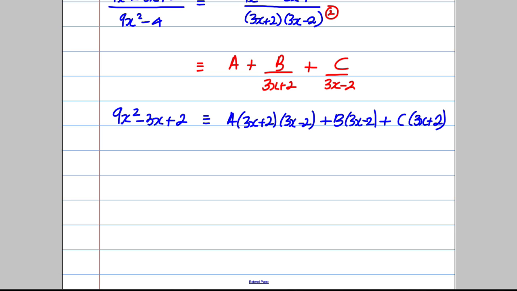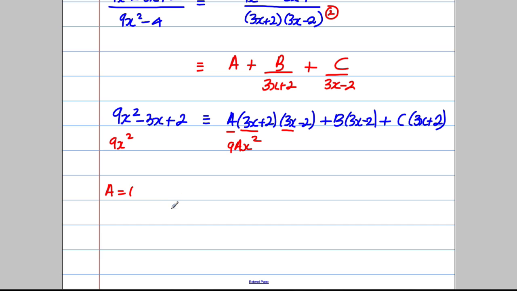I know that the only thing, just thinking about what gives me an x squared on this side, that multiplied by that, which would be 9A x squared, is the only thing that gives me an x squared. So it tells me, because I've got a 9x squared here, A has to be 1. So A has to be 1, and if you let x be 2/3, and if you let x be negative 2/3, you can find your B and your C.